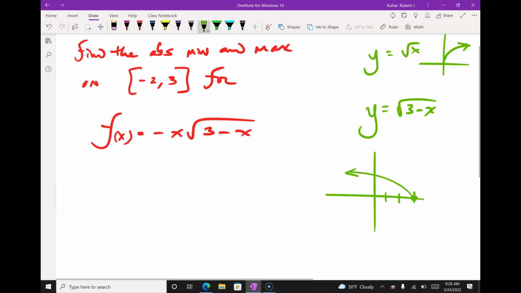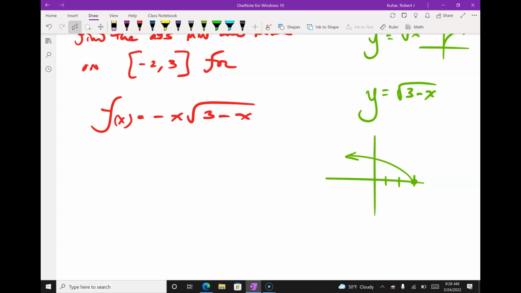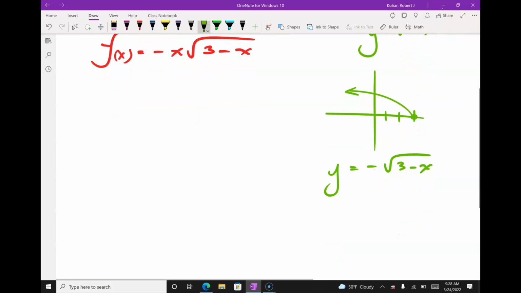And now what's going to happen to this guy as I multiply by a negative x? What do you think is going to happen if I multiply it by just a negative? It takes all the positives and makes them negatives, so I flip this way. Just say yes for me.